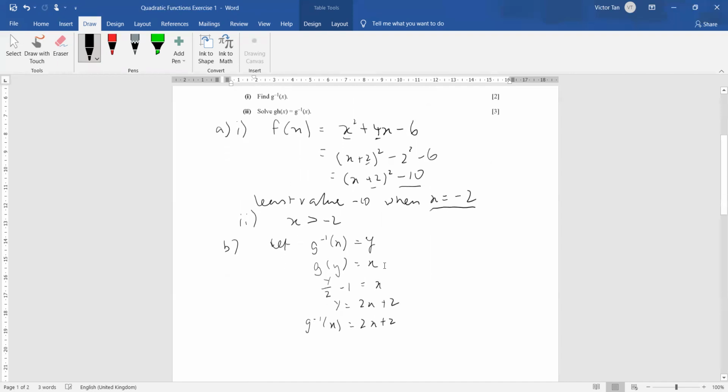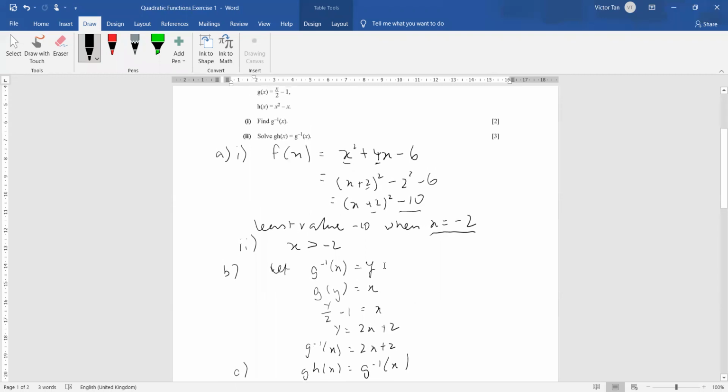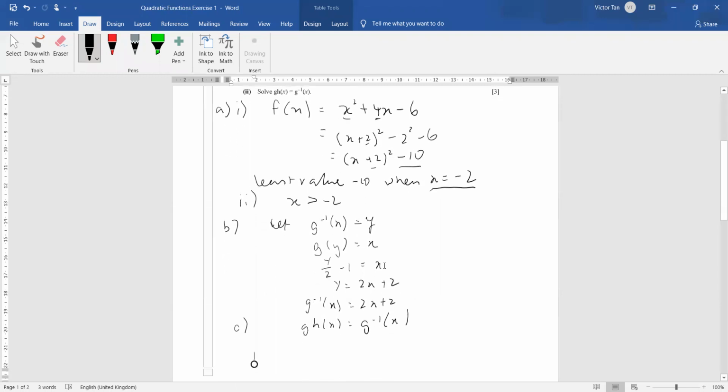Solve gh(x) equals g inverse x. This is an equation, solving an equation. gh(x), h(x) is x squared minus x. So x squared minus x over 2 minus 1 equals 2x plus 2.